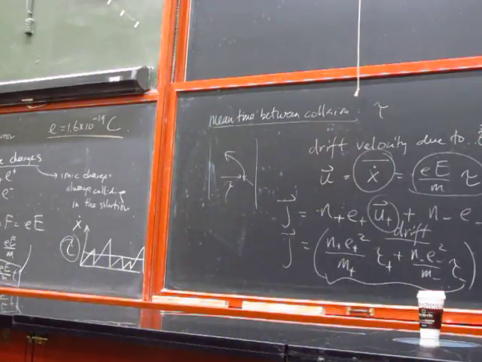For a negative carrier, the electric field actually will accelerate it this way, but this also contributes to a current density going that way, because the negative charge going that way is equal to a current density going this way. So you end up adding them. The plus charge going this way is equivalent to minus charge going that way, keeping the same current density.